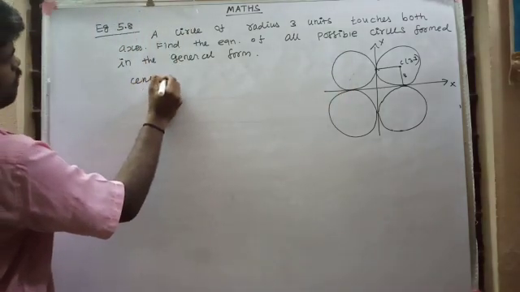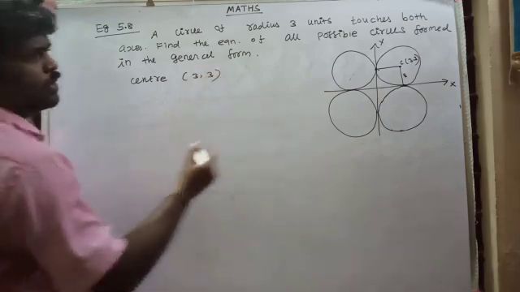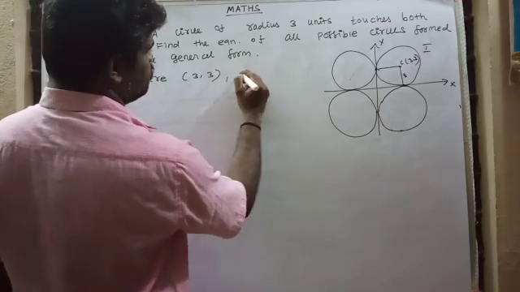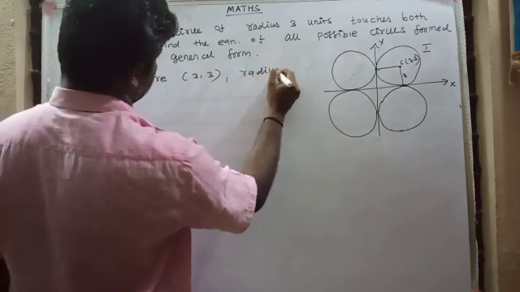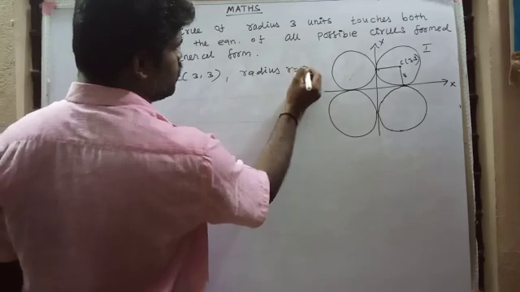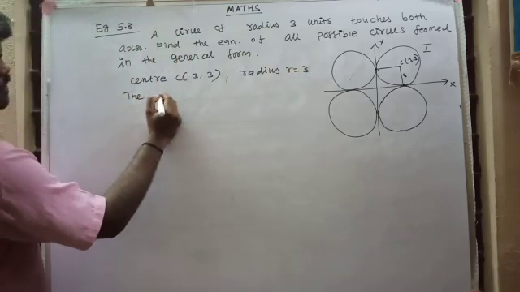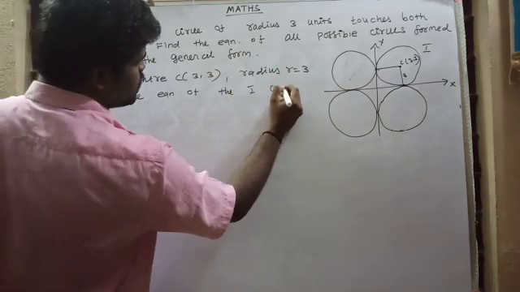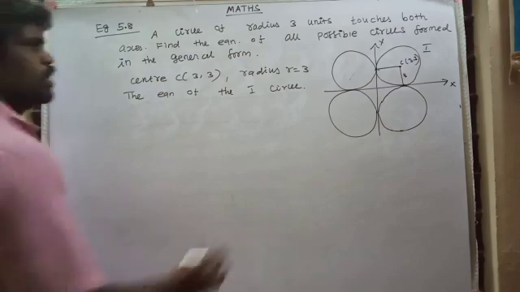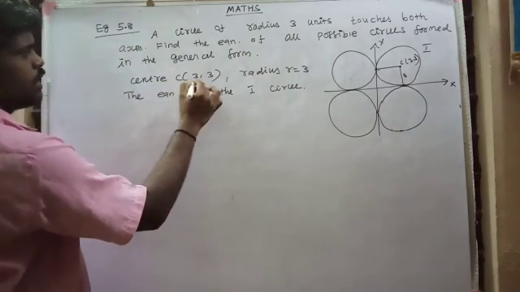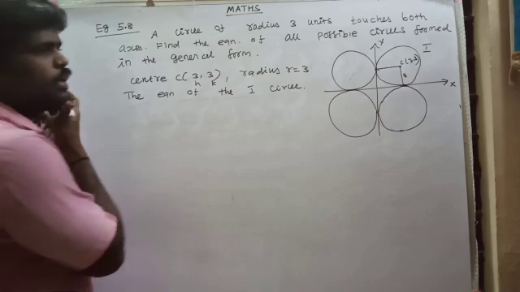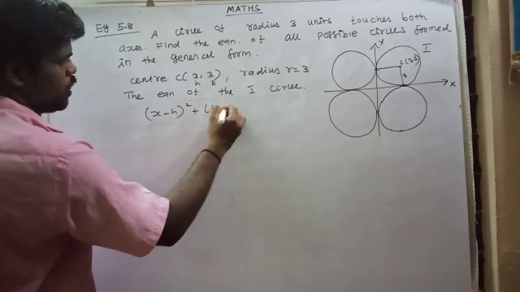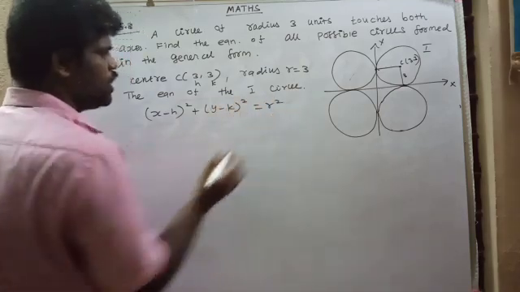First of all, we have to find one circle equation. Center 3 comma 3, this is the first circle, with radius R equal to 3. The equation of the first circle: we have a center h comma k and radius, so x minus h the whole square plus y minus k the whole square is equal to r square.